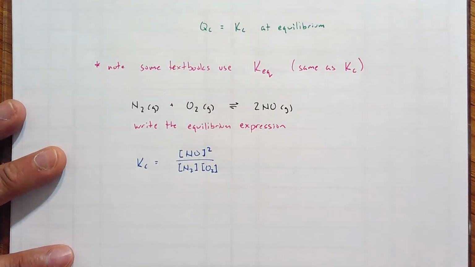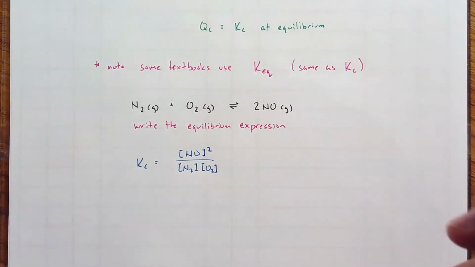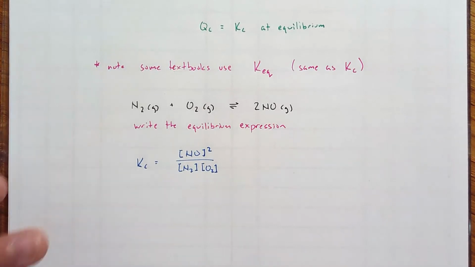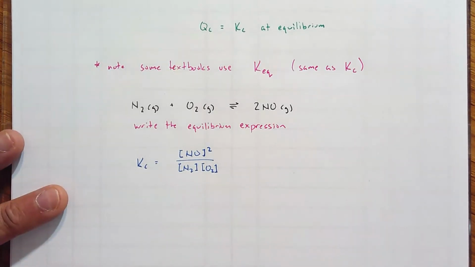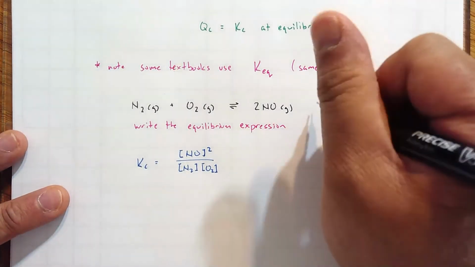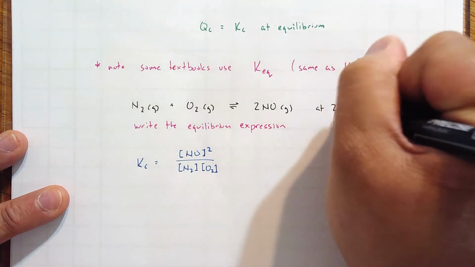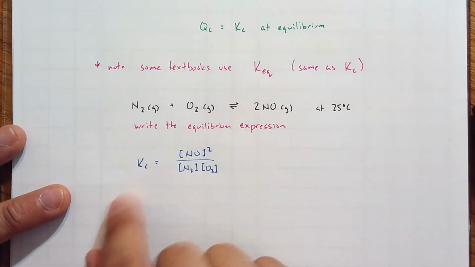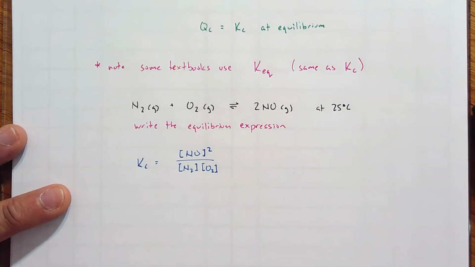That's the expression. What is actually the Kc? Oh, by the way, we should specify that this is at a specific temperature, and we'll just choose at random at 25 degrees C. Because equilibrium is temperature dependent.